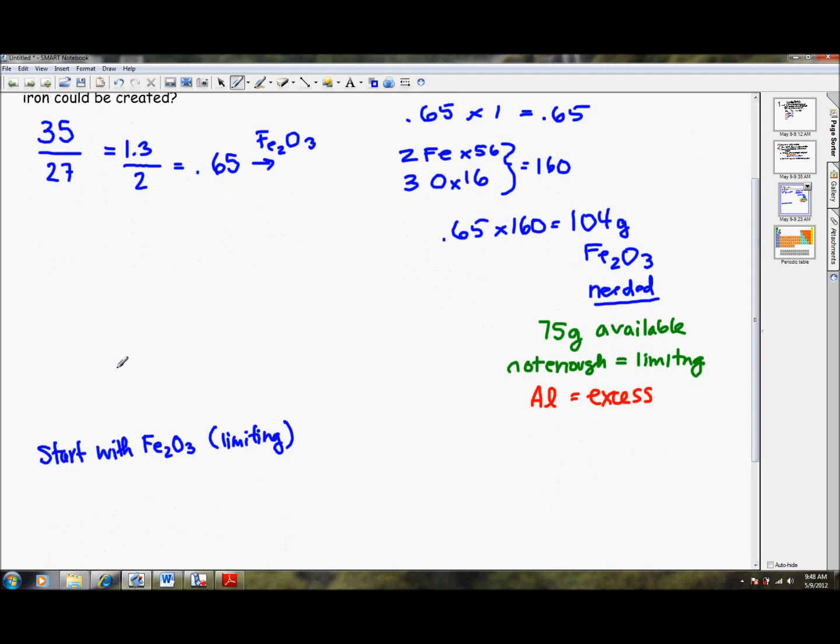So I'm going to start with 75 grams of Fe2O3. I'm going to divide by the molar mass, which I found over here, 160 grams. I already found it. You don't have to show the work twice in the same problem.